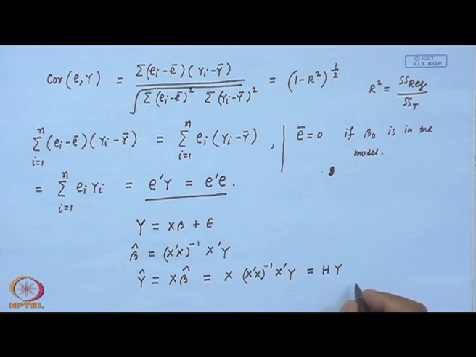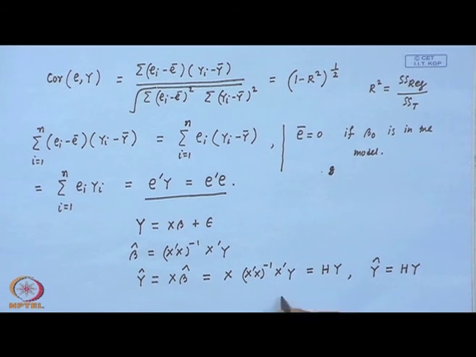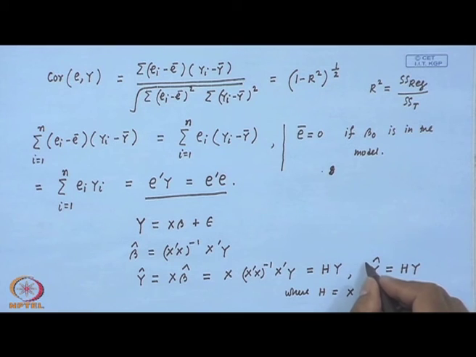So, this is called hat matrix because finally what we got is y hat is equal to H y, because this hat matrix transforms y to y hat, that is why it is called hat matrix. Anyway, where H is equal to x times x prime x inverse x prime. Okay. So, y hat is equal to H y.